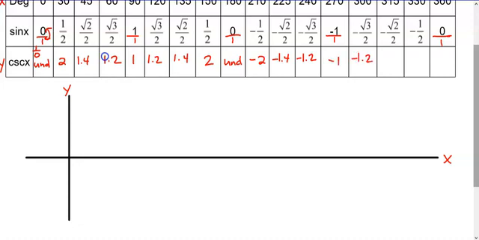Negative 1.2. And negative 1.4, negative 2, and then again 1 divided by 0, which is undefined. All right. At that point, we are going to start graphing this stuff.